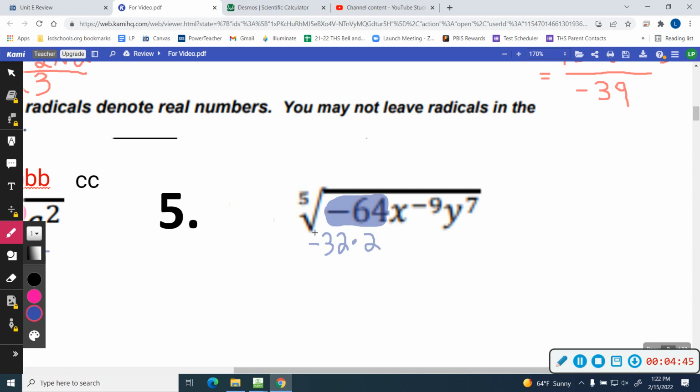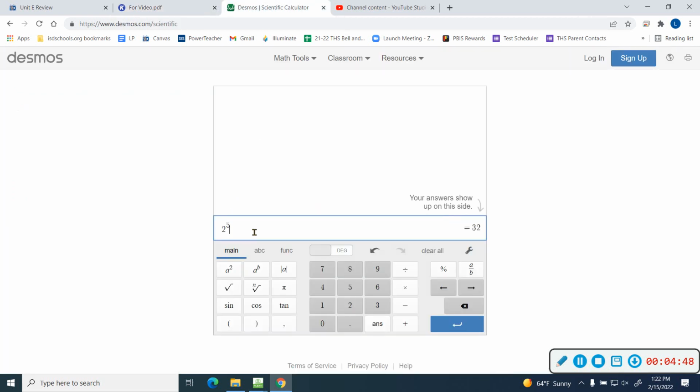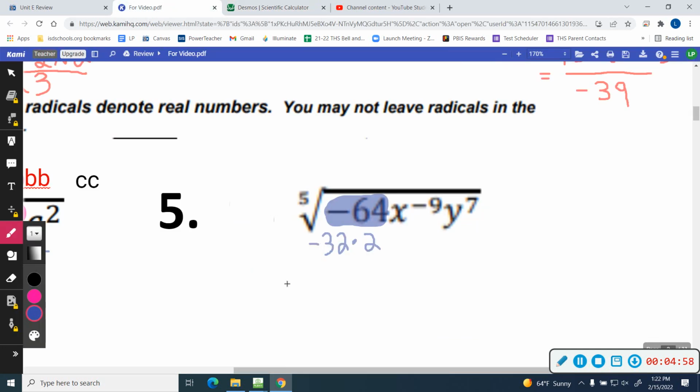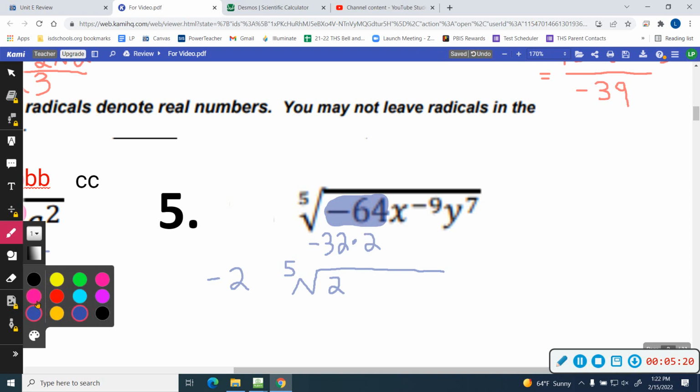All right, now the 5th root of negative 32 is negative 2. So this part would come out and we'd make negative 2, but the 2 would stay inside. Okay, so the fifth root of negative 32 is negative 2, but the fifth root of 2 would stay inside. Now let's go to the next term.